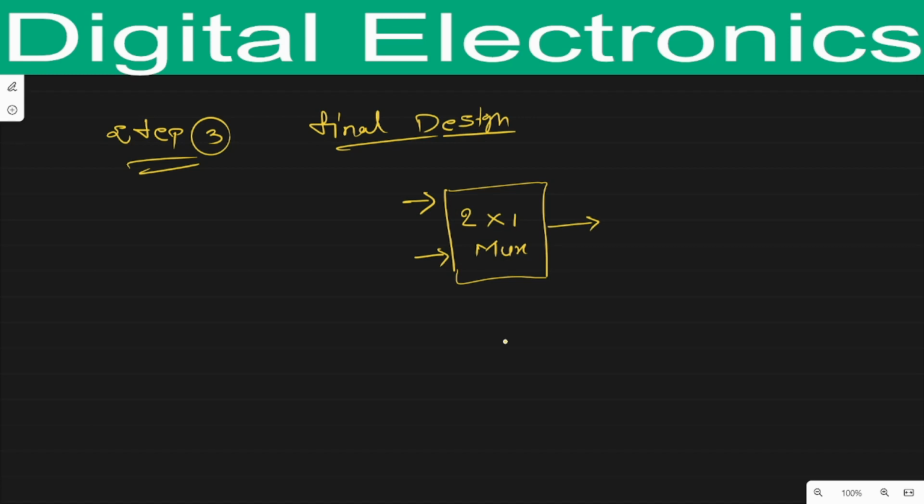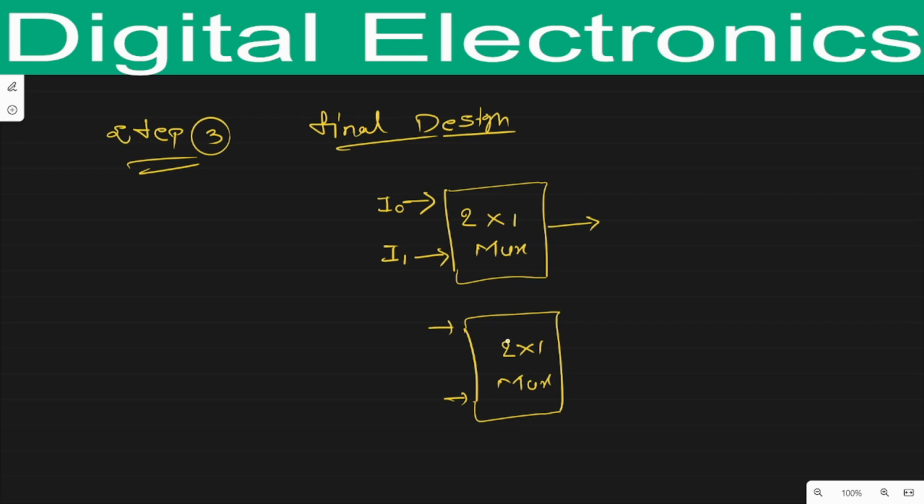Now we need to design 4x1 mux, that's why we will take two 2x1 mux. This one is I0, this one is I1. Here two inputs are there, I0 and I1.